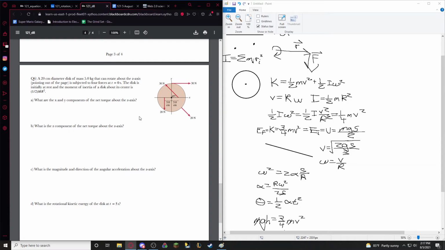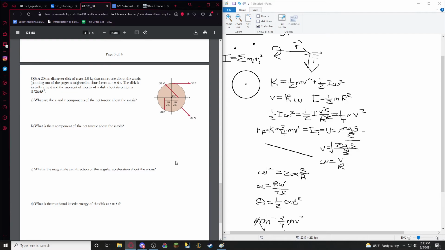Exactly, and why does it not contribute torque? It has to have some sort of force acting upon it in a perpendicular sense, but in this case it doesn't. So what you're saying is because the force is parallel to the displacement vector from the axis of rotation, the torque is 0? Yes, exactly.